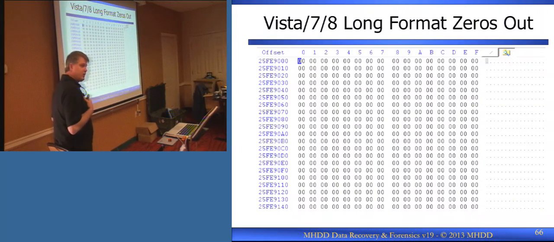So this is a big problem with RAID arrays. Somebody gives you a RAID array that they tampered with. Every IT guy tampers with the RAID array when it dies. Like, I've got to get my boss's stuff back before I get fired. And the problem is, what drive will you find data on? Usually when I get a RAID array in, the only one that has data is the broken one he couldn't access. The rest of them got reset back up as a new RAID array because they call Dell or somebody like that and they walk them through the RAID array configuration.